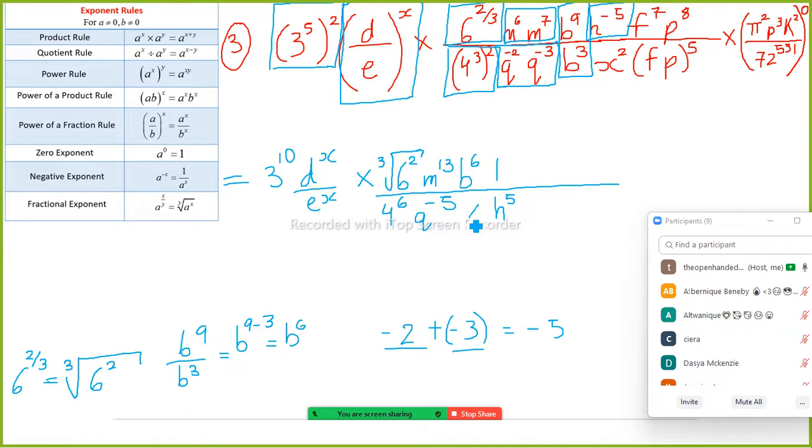We're still multiplying. X squared, nothing touches that. We still have f to the 7 on top, and p to the 8 on top. My question: what do we do with this term, Deja?